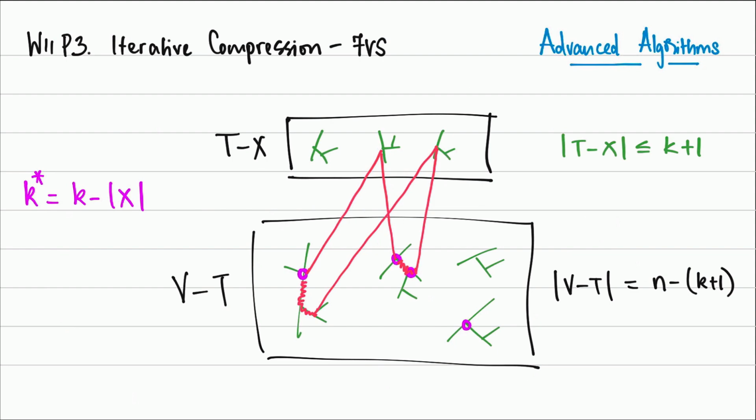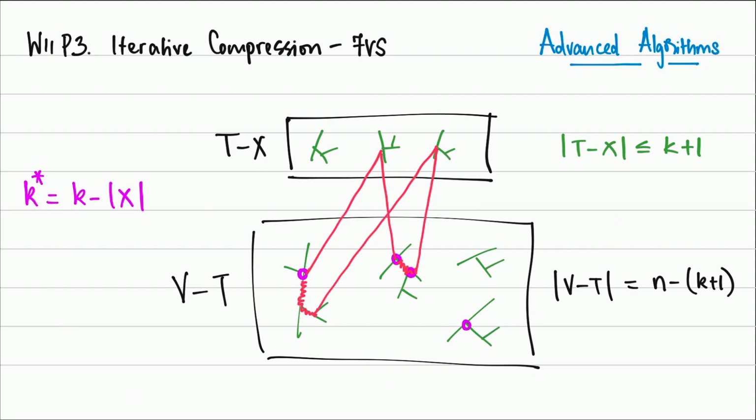So these are the cycles that we are trying to kill, but we can only do that by picking vertices from V minus T, right? So that's our situation. Now, before we get to resolving this completely, let's make a few easy observations, which is going to make life simpler for us as we go along.